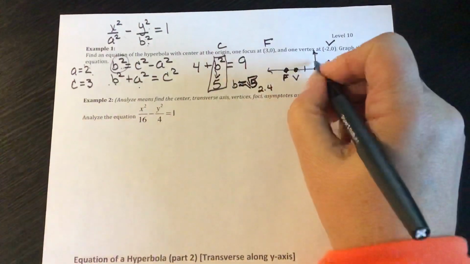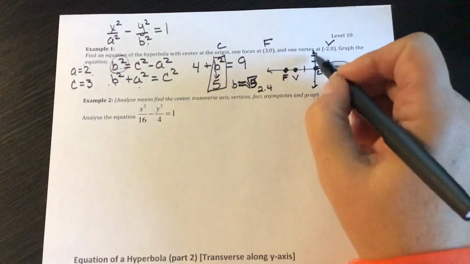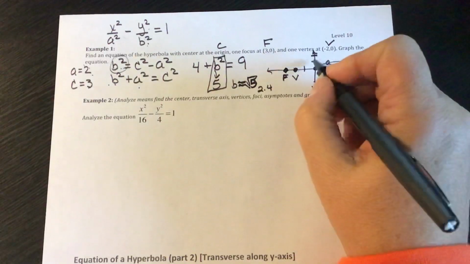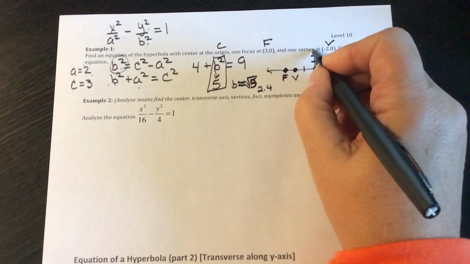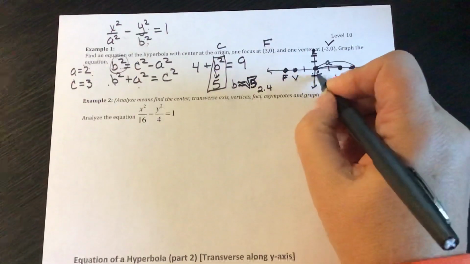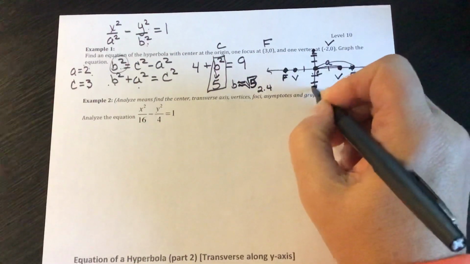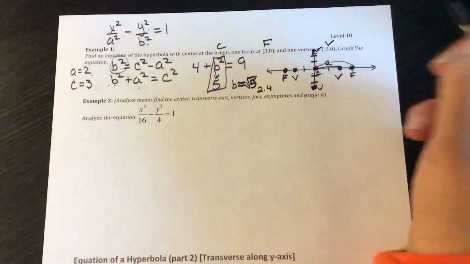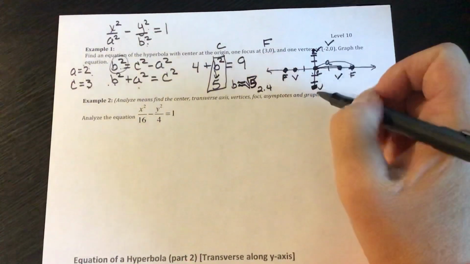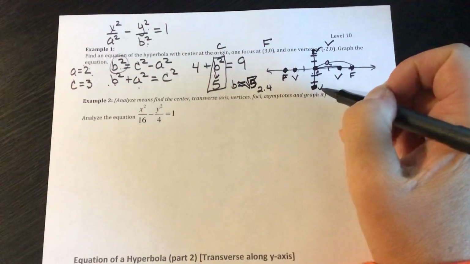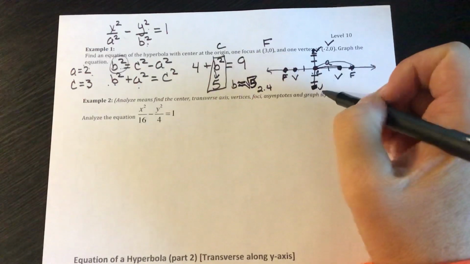So that means along this axis right here, I'm going to go up 2.4 and down 2.4. And these are my vertices that really are not part of the graph, but they are going to help us here in a second.